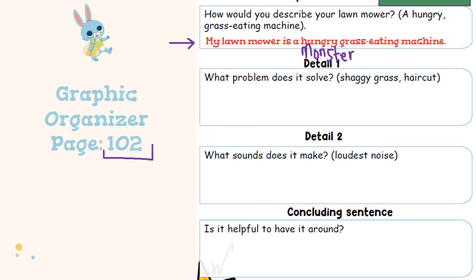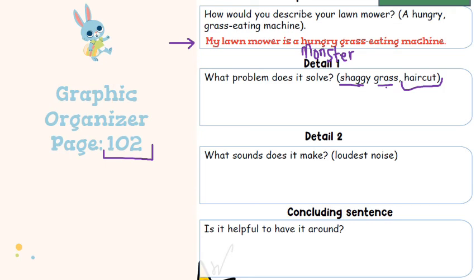What problem does it solve? Rather than saying it cuts the grass, you can say, for example, it gives my grass a haircut. It's a funny word, right? That's giving your grass a haircut. Or maybe you can say it cleans or it trims shaggy grass. I'm giving a describing word to the grass.